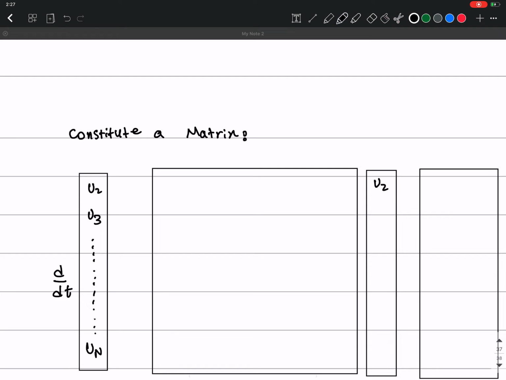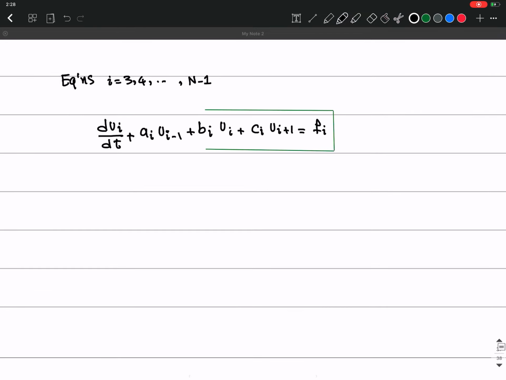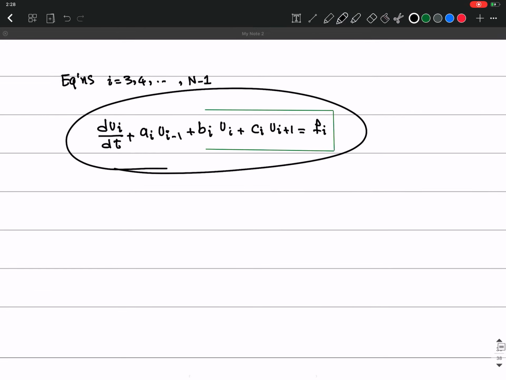So this is u2, u3, un minus 1, and un, equals to, so this is plus, equals to the right hand side. So I'm just using these terms.